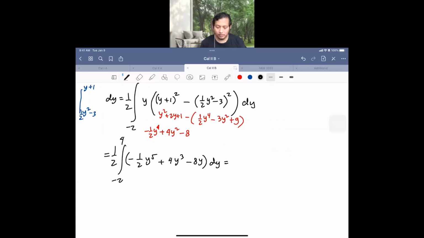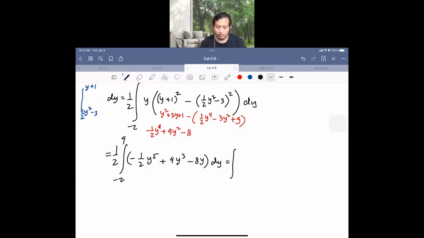Well, we could compute the integrations, I believe. Don't really need to write all this, but let me just write this. This will be minus 6.